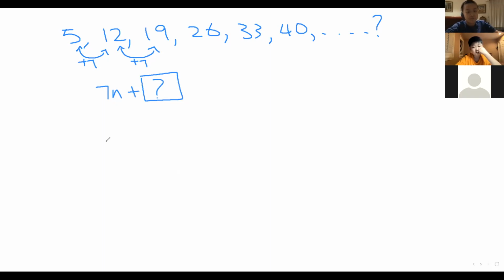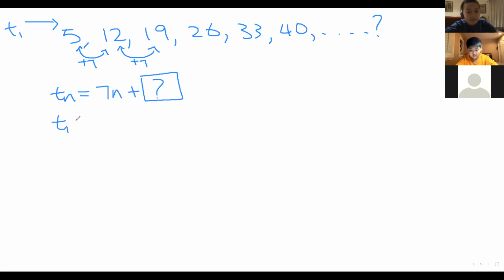Right? So let's look at it this way. I know that this is the formula for Tn, right? Whatever term I want to find out is given by 7n plus a number. I don't know what this number is. However, I do know what the first number is.